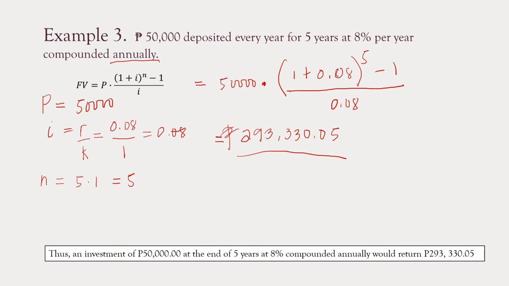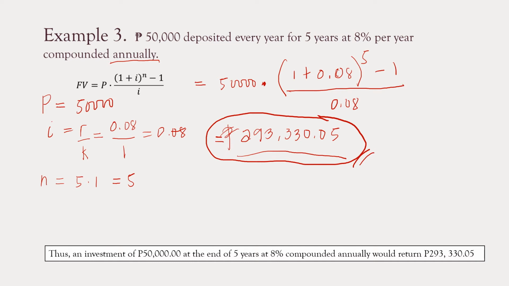Kaya nangyari yung difference na yun kasi dito sa first example natin using the time diagram, nag-round off tayo kada year na nakukuha natin yung value. Kada periodic payment na may interest. Dito kasi sa proseso natin to, dire-diretso tayo sa calculator. Hindi tayo nag-round off. Kaya, ganito yung nakuha nating answer.